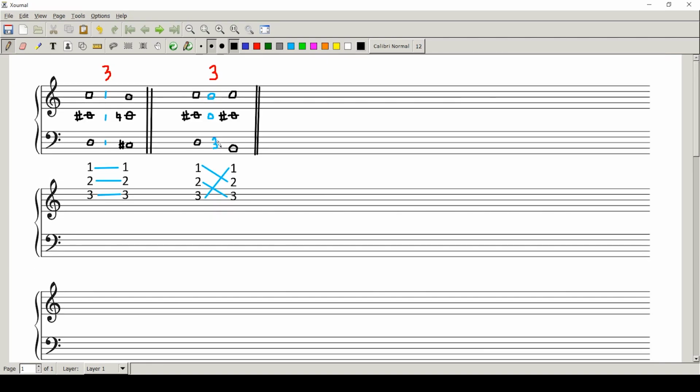In other words, if I go back up here, I have this voice leading down here, and what the rule is saying is, since the D crosses over C sharp and C to get to B, I should be able to find a way to do the voice leading where the D doesn't have to cross over the other two. And in removing the voice crossing, I don't make the overall distance any longer.